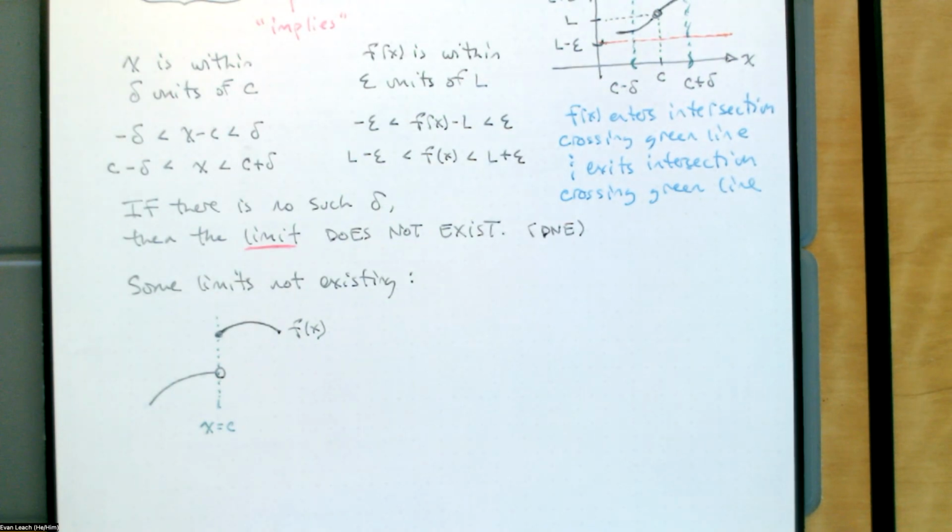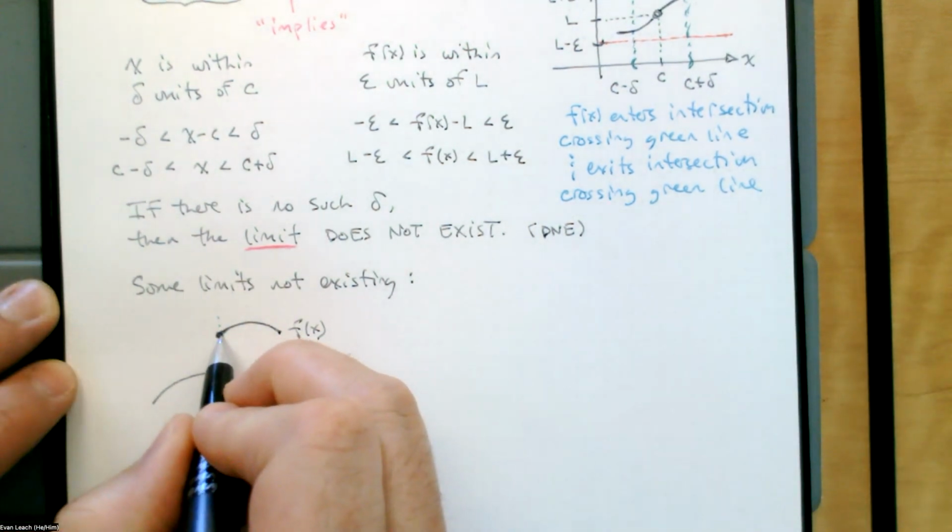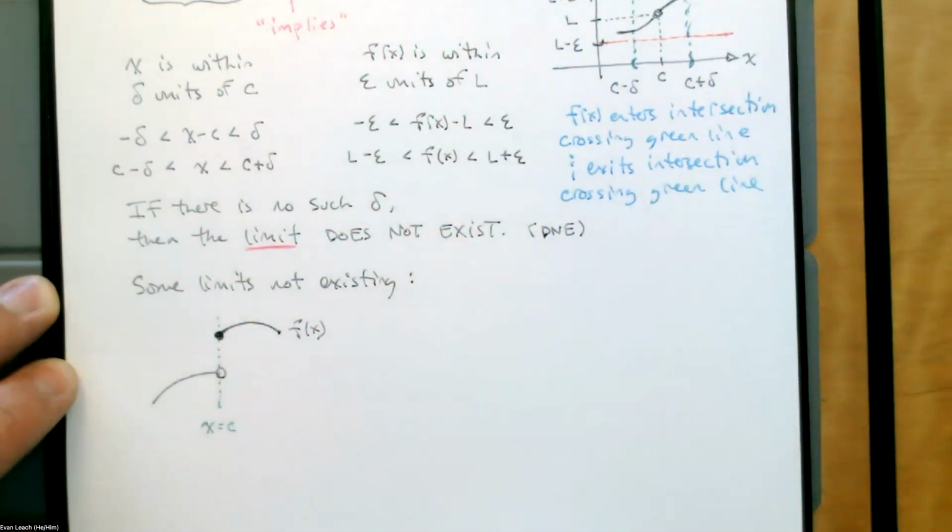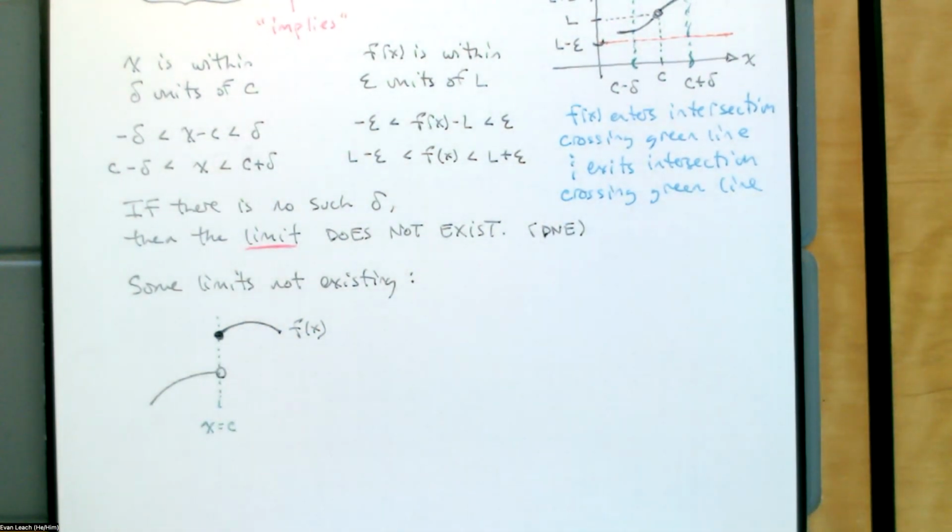In this case, the function is not approaching any specific value. It doesn't matter that the function has a value at C, this value right here where the dot is filled in. That doesn't matter because coming from the other side, we are not getting close to that value. We're getting close to this value down here.